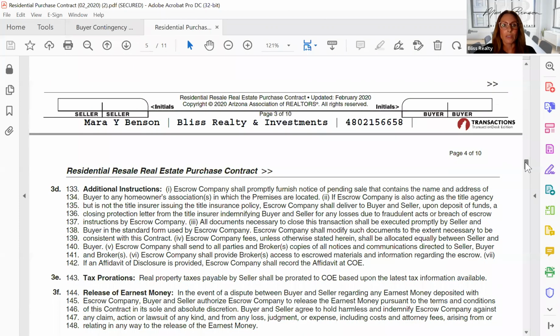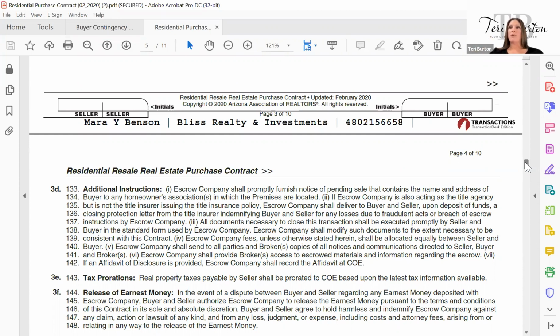Title doesn't always get the CC&Rs and send them out. So you got to find out. Oh, sorry. On that point about the CC&Rs, one big thing that I found with my clients is if they have an RV or an RV gate or a trailer, a lot of times the HOA will say, yes, you have an RV, you can park your trailer back there, but it can't be visible above the gate.